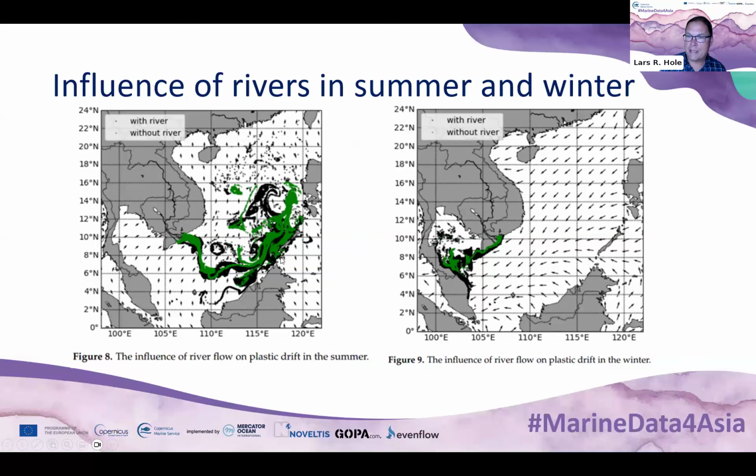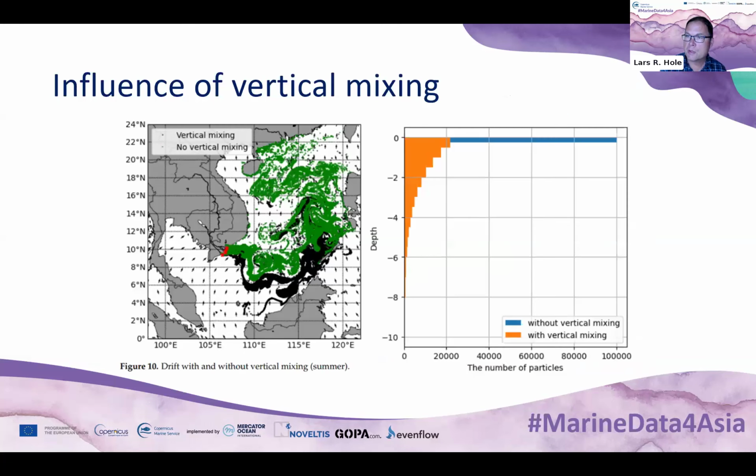And then the effect of river flows was quite significant, both in winter and summer. So we see that the plastic particles were much more distributed when we had the river flow input. We also looked at the effect of vertical mixing.